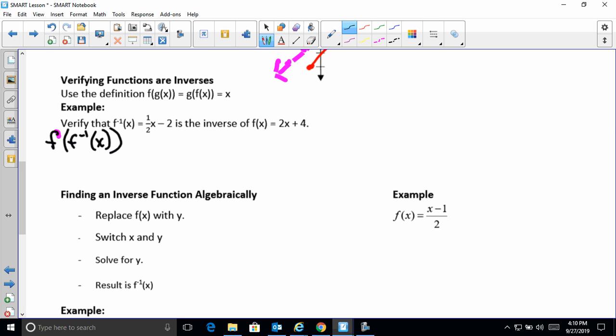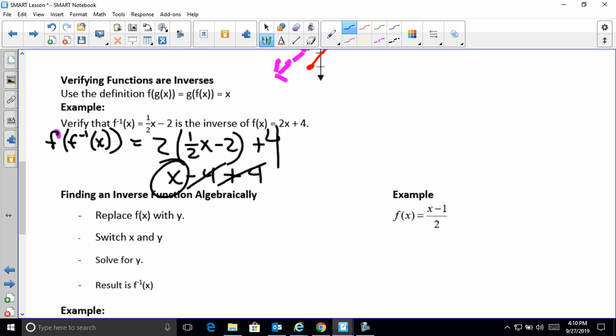I'm going to plug it in and see if it works. So 2, and then instead of x, I'm putting 1/2 x minus 2, because that's my inverse, plus 4. Then I'm going to clean this up. That's x minus 4 plus 4. Those cancel, so we end up with x. But that's not good enough for one. We're going to check both.